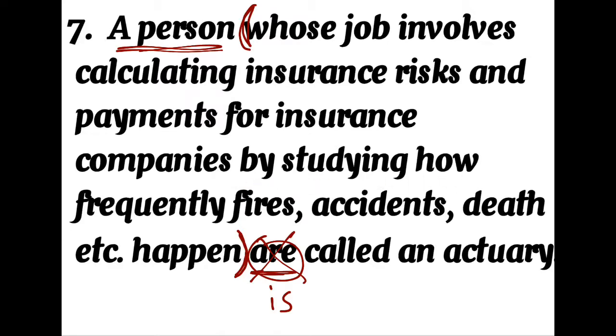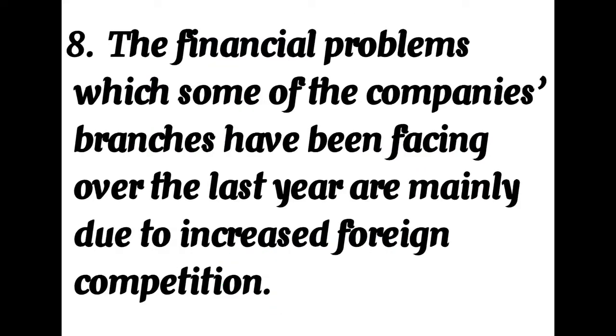How? By studying what? Now this structure, which structure? Studying what? How things happen. This is the object of the verb, this gerund, studying. So it is a very complex structure. We should not go into the details of this structure, but the point is that a person is called an actuary. This is the most important thing for us here.